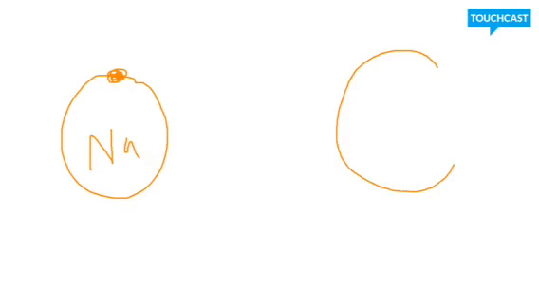So if I draw it, let's assume this is Na. I'm just going to stick to drawing the last shell to make this easier for you ladies. Na is in group 1, therefore it has 1 electron. And chlorine has 1, 2, 7.